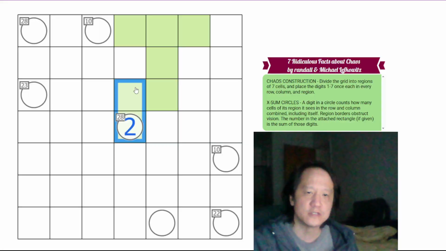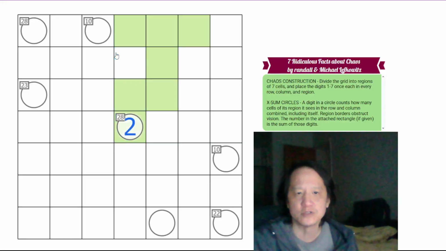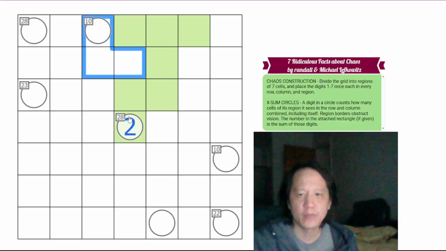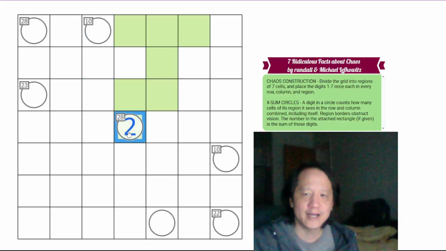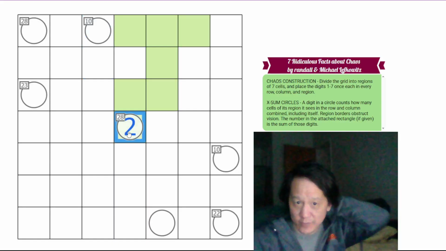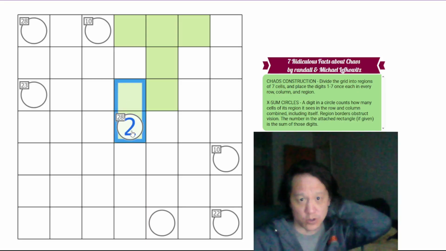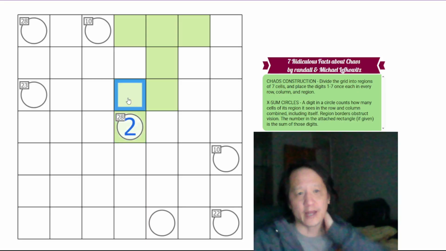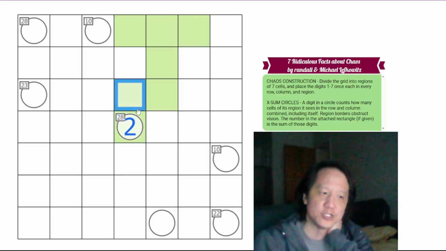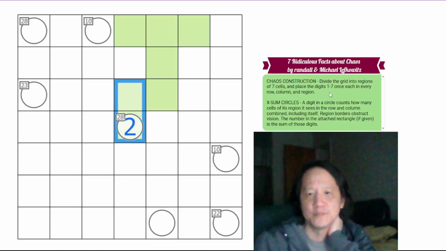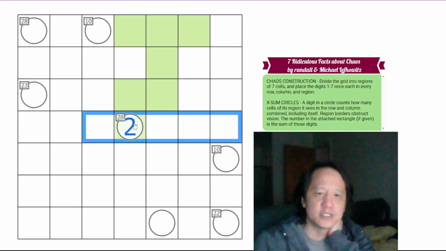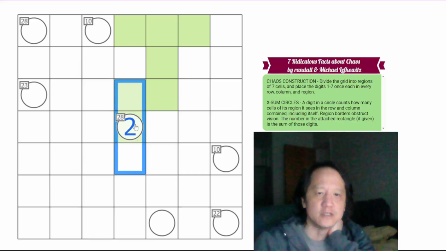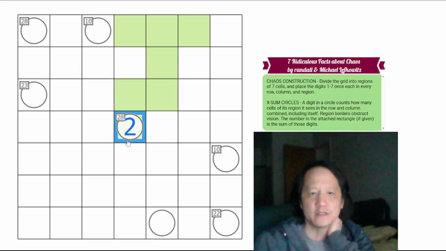So it only sees these 2, does not see that one because this is a region border here. And the number in the attached rectangle is the sum of those digits. Well, obviously this doesn't work because 2 and whatever digits here can never add up to 28. But the digits that the circle sees must add up to 28 if that's the case.